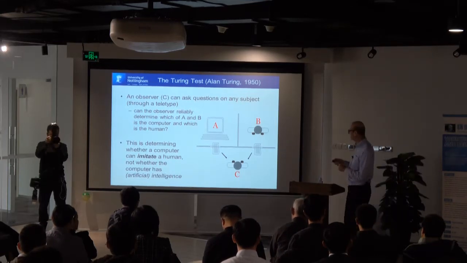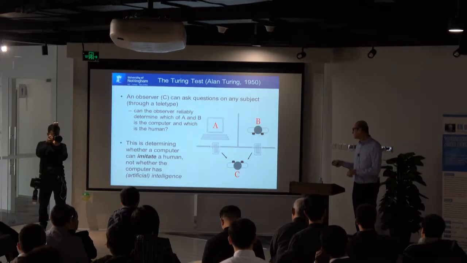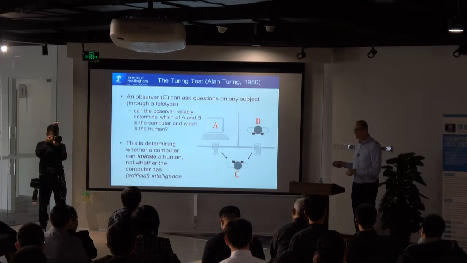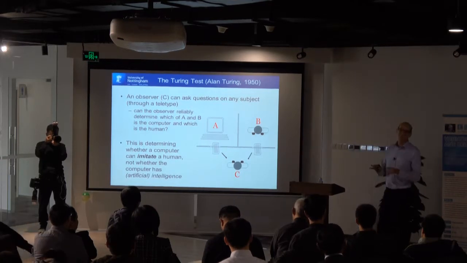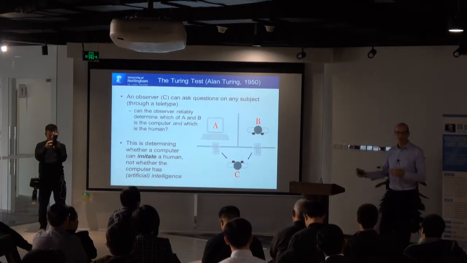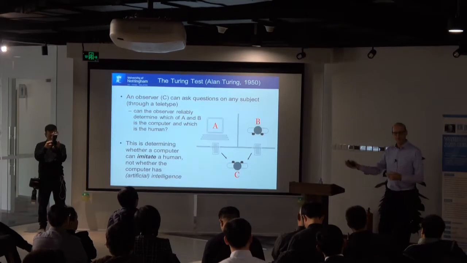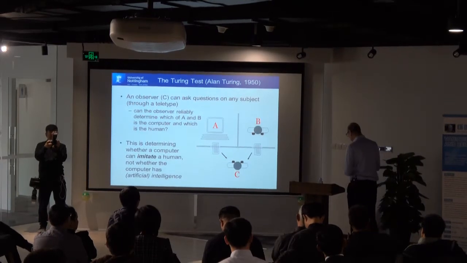But that's not quite the Turing test. The Turing test is determining whether the computer can imitate a human being sufficiently to be indistinguishable from the human being. On average, you can't tell which one's a computer and which one's the human.